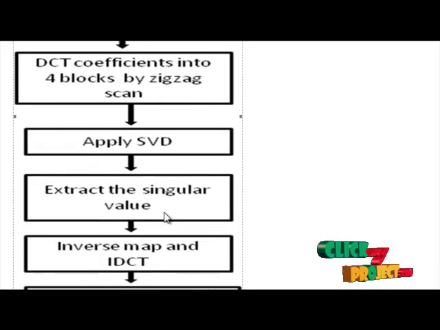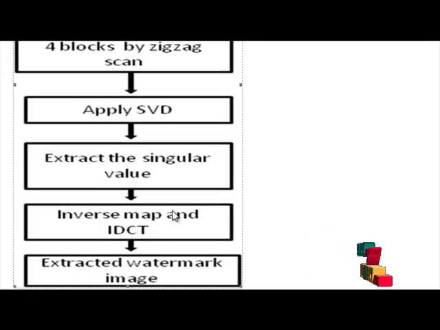Then we subtract the possibly distorted watermarked image in each area from the original transformed areas, and we obtain the distorted principal component for each area. Then we construct the DCT coefficients for four visual watermarks. Then we apply the IDCT, inverse discrete cosine transform, to the four visual watermarks, and we get the watermark image.